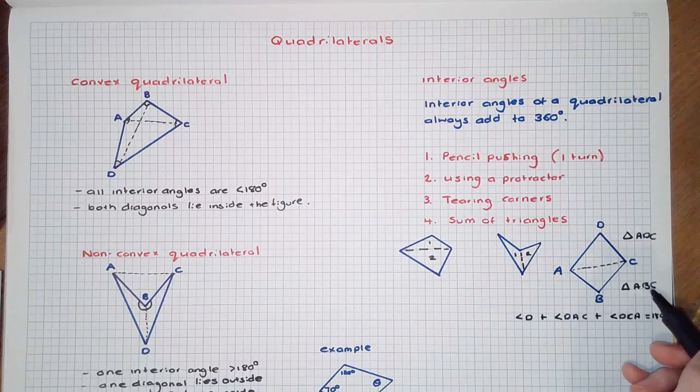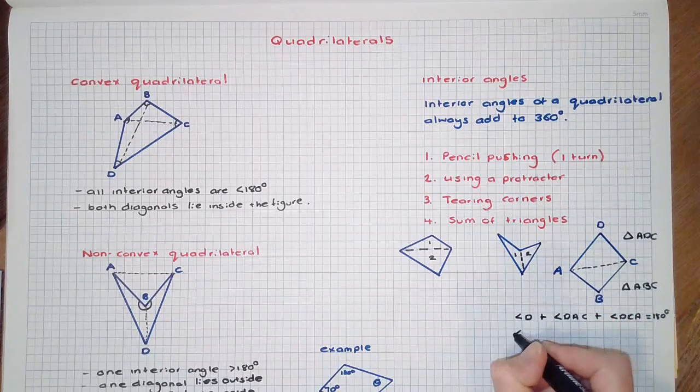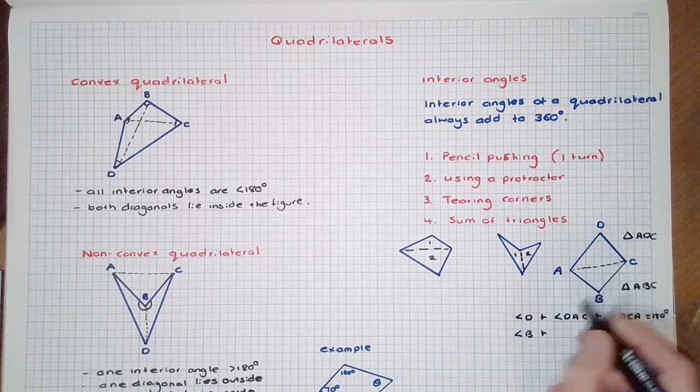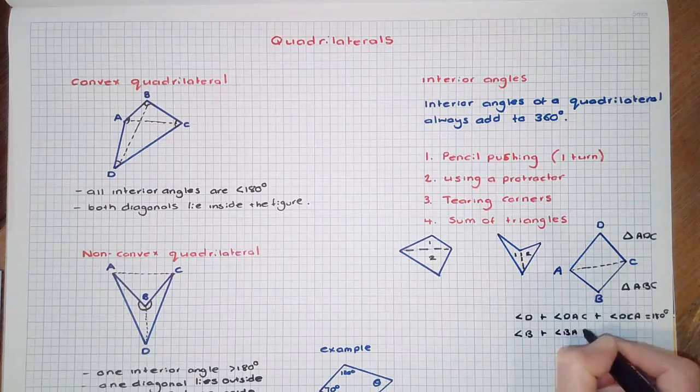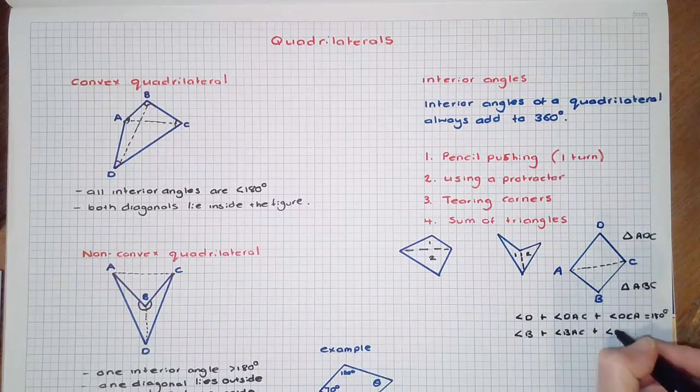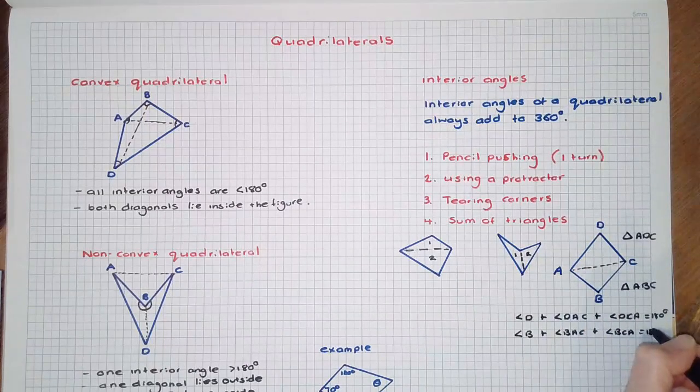Similarly, in triangle ABC, we'd have angle B plus angle BAC in this position here, plus angle BCA in this position here, equals 180 degrees.